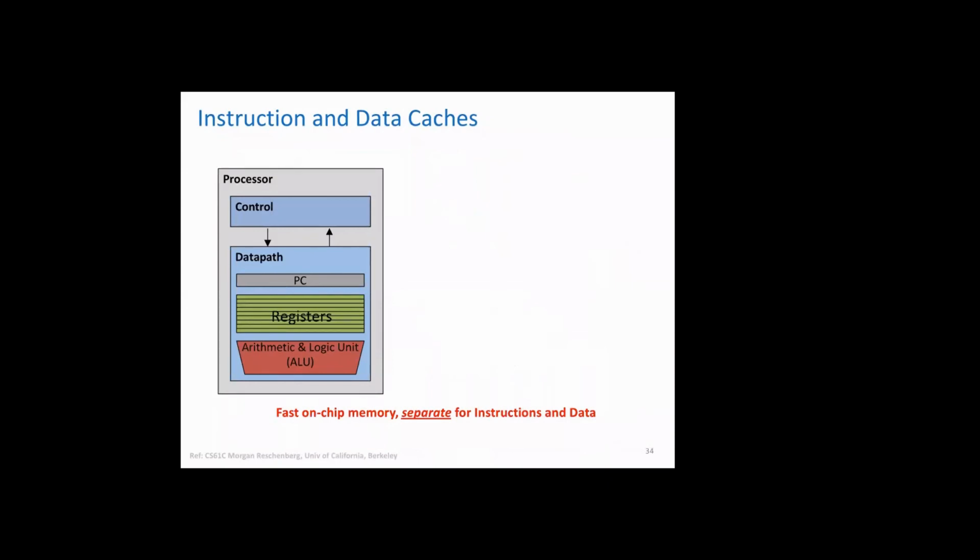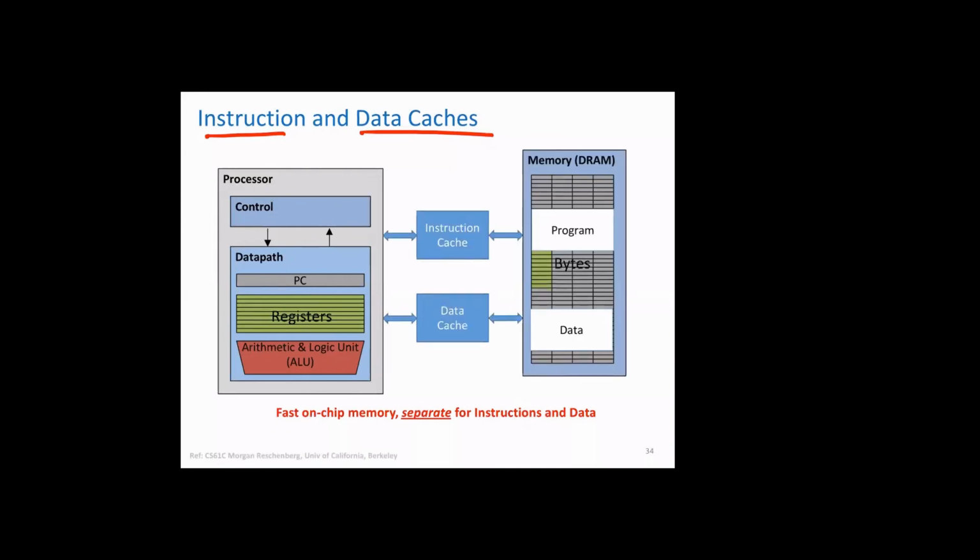From instruction cache, instructions can be taken, from data cache, data can be taken, and all the data that is being supplied to cache comes from a unified memory. So this is the way it is, that we have two caches in most of the processors. Otherwise, if it's a single cache, then we'll see this structural hazard.